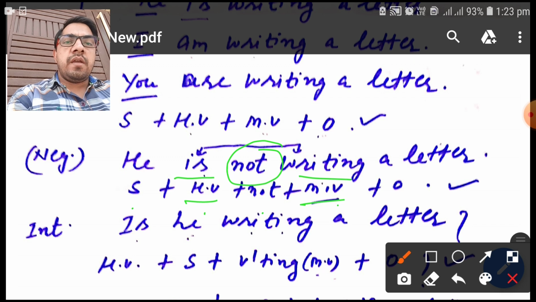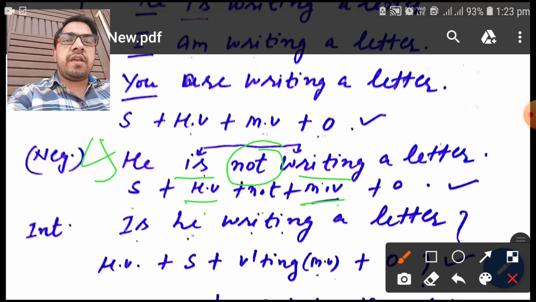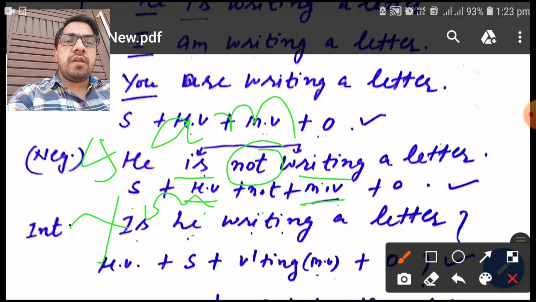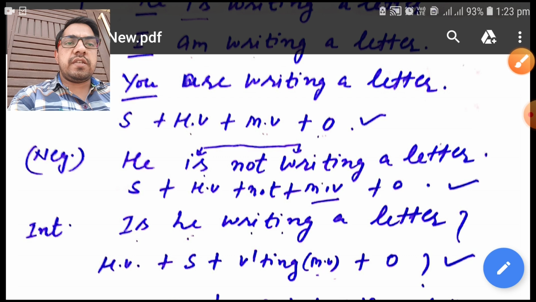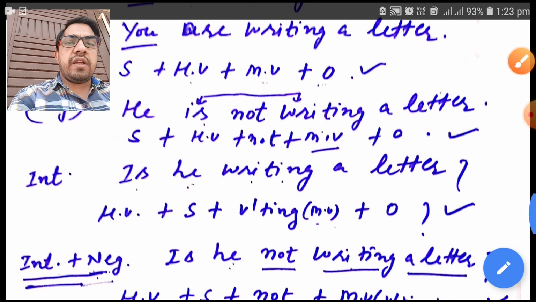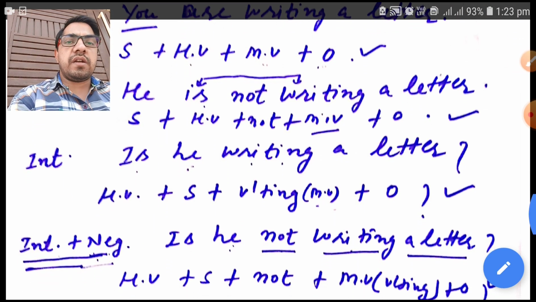If we write I in place of he, then we should use am in place of is. If we write you in place of he, then we should use are in place of is, along with first form plus ing. This is the structure of the negative sentence of present continuous.